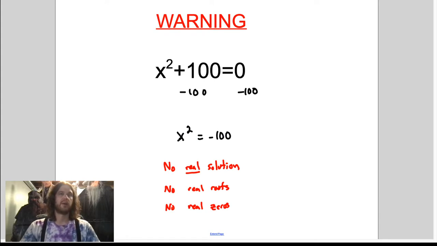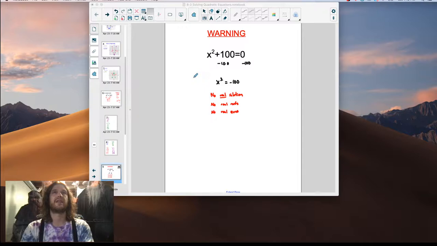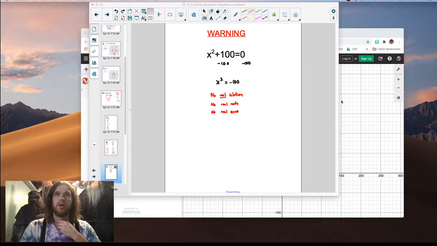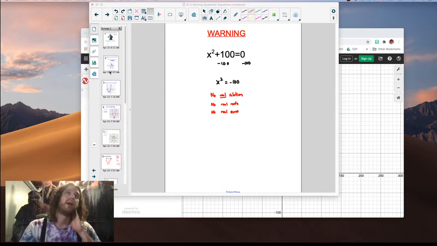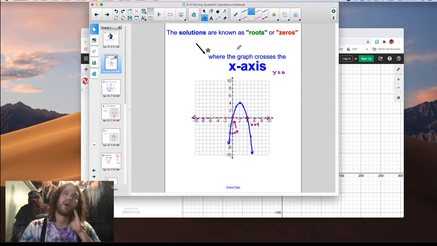Okay, I want to talk about these for a couple seconds, really quickly. Let me go to Desmos. Remember how I said the solutions to these equations are where the quadratic crosses the x-axis? I've taken y equals x squared plus 100 and plugged it into Desmos. Remember, your solutions, your roots, your zeros are where the graph crosses the x-axis.